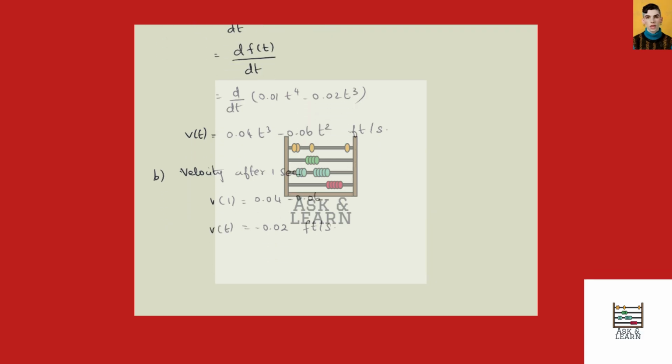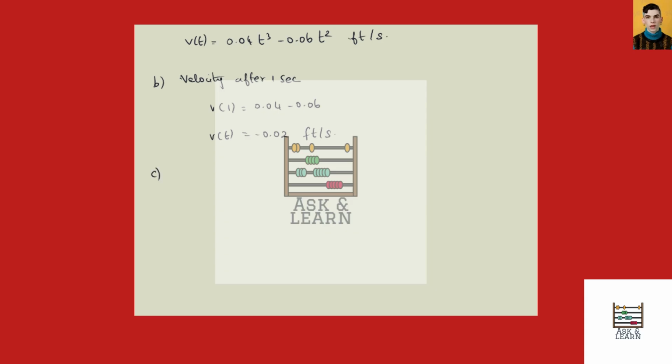And then we have to find the time t when the particle is at rest. When the particle is at rest, the velocity must be equal to 0, such that we will get 0.04 t cube minus 0.06 t square equals to 0, such that we will get t square into 0.04 t minus 0.06 equals to 0, such that t equal to 0 or 0.04 t equals to 0.06, such that t equals to 1.5.